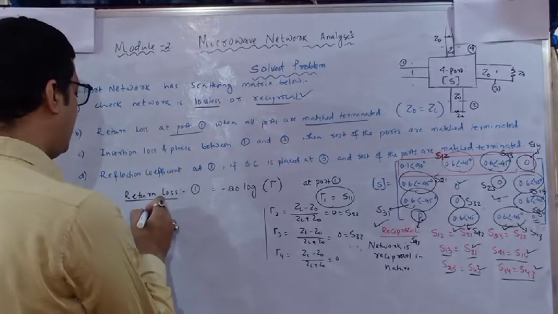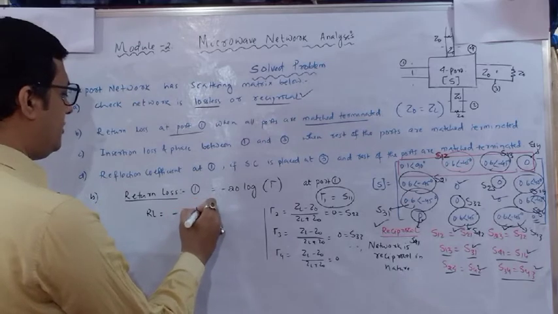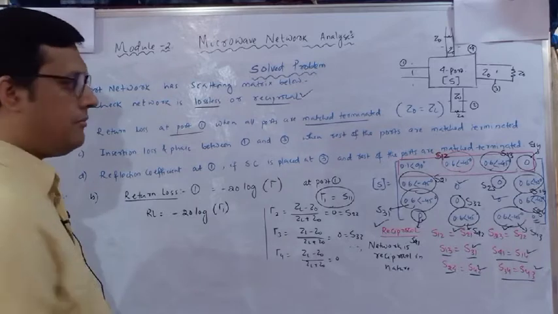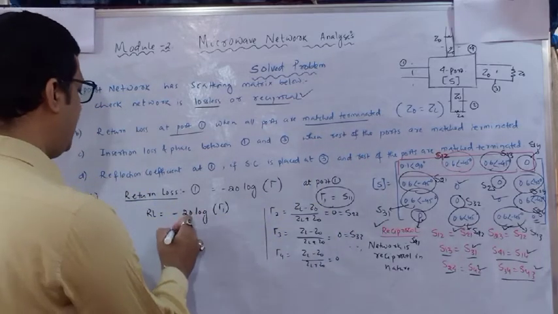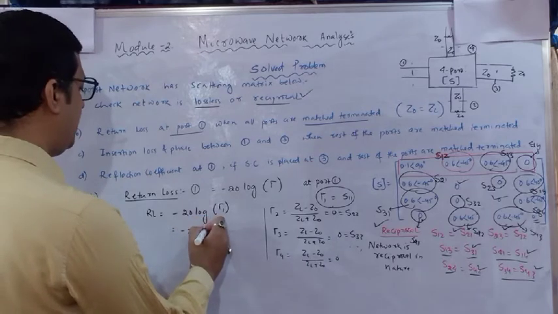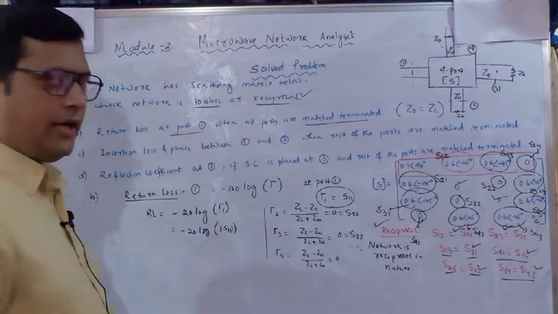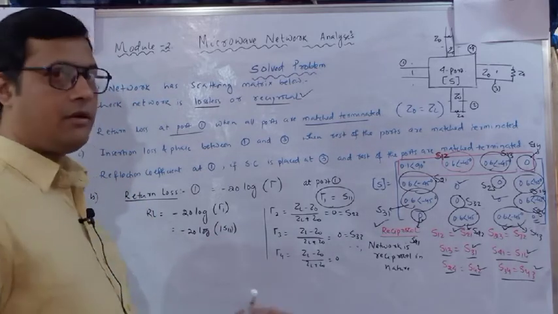Now, the return loss RL is minus 20 log of reflection coefficient 1, because we have to identify the return loss. So for reflection coefficient 1 I will substitute mod of S11. Okay, because only the magnitude part we are considering. Mod of S11 whole square.